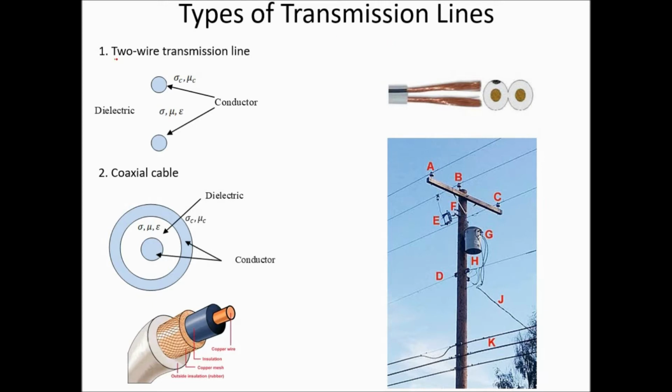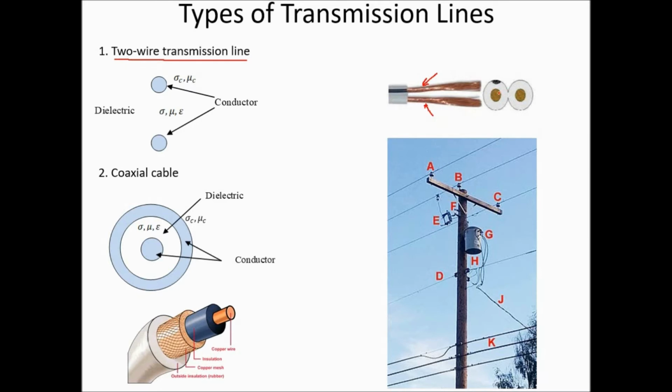The mainly used transmission line is the two-wire transmission line. If you look at the construction of a two-wire transmission line, you will see one wire here and another wire here. The wires are wrapped by an insulator. So this is the insulator.